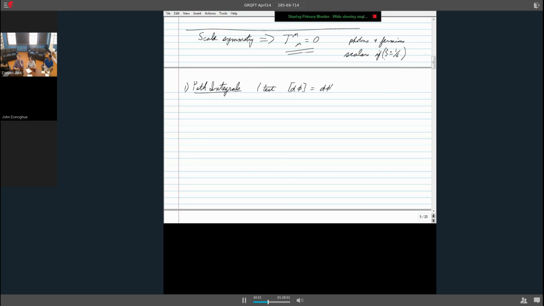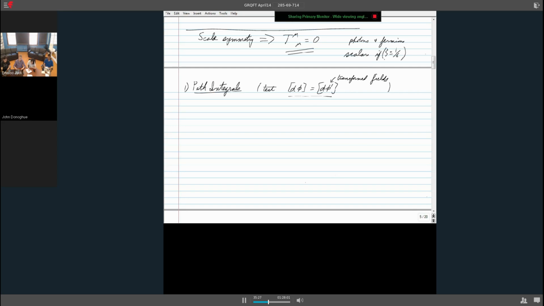So I'm going to talk about 4 different pathways through this. The first pathway is path integrals. At the end of the last class, I set up a test that involved making a transformation.